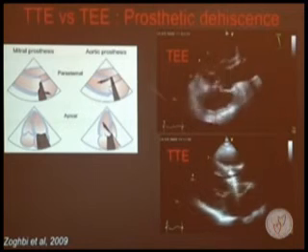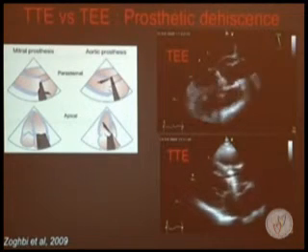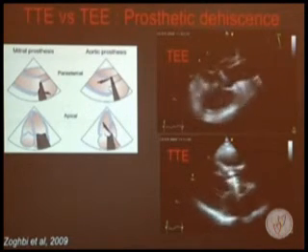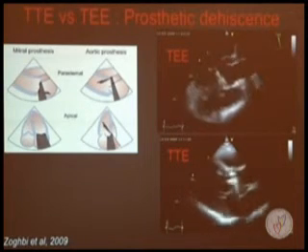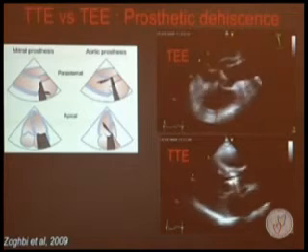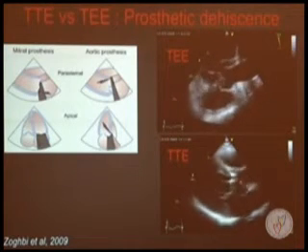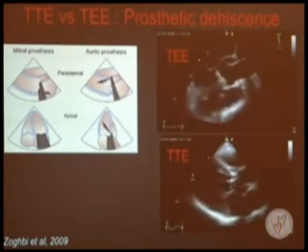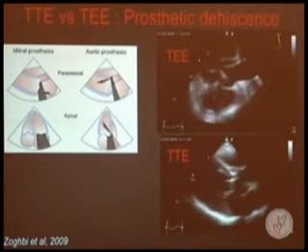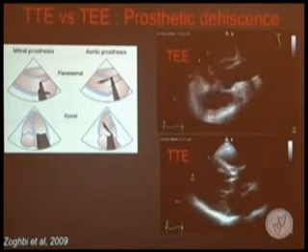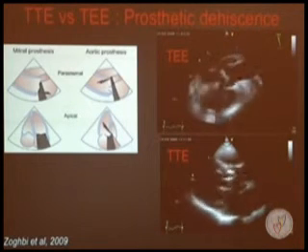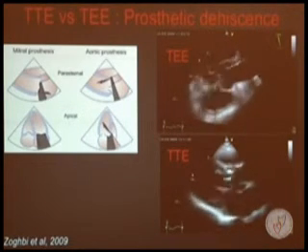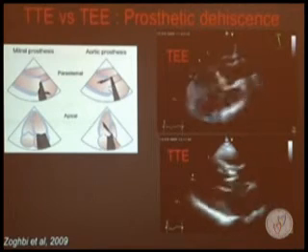You can see here there is acoustic shadowing, so you cannot see clearly the rocking motion of the valve. Compare, these are the images from TEE. You can see clearly the motion of the prosthetic valve.